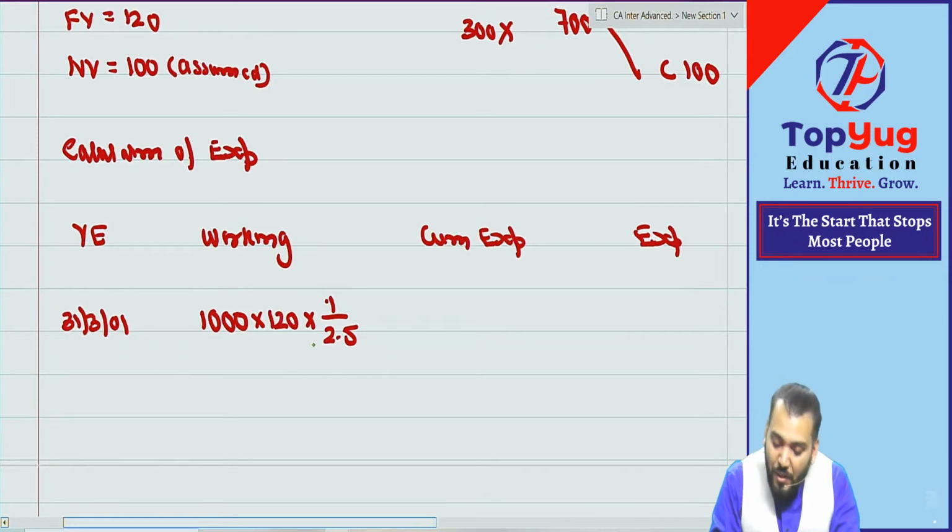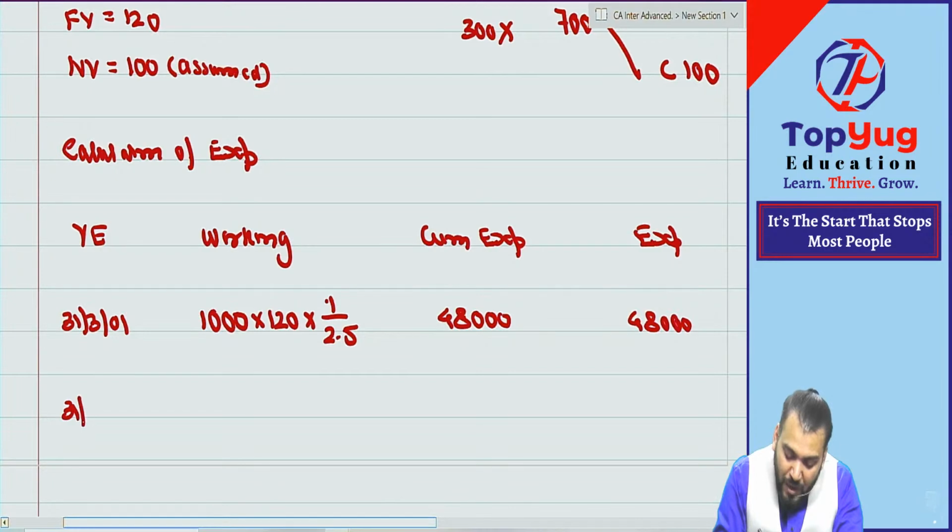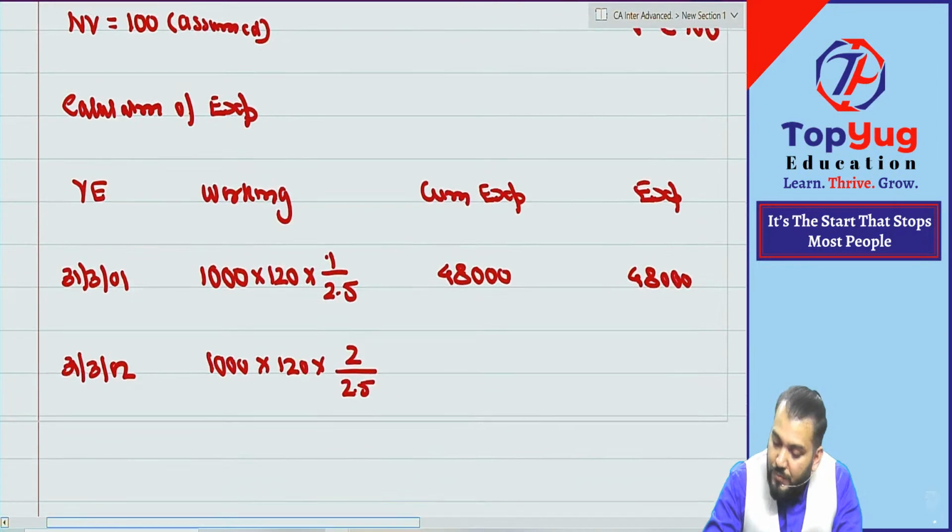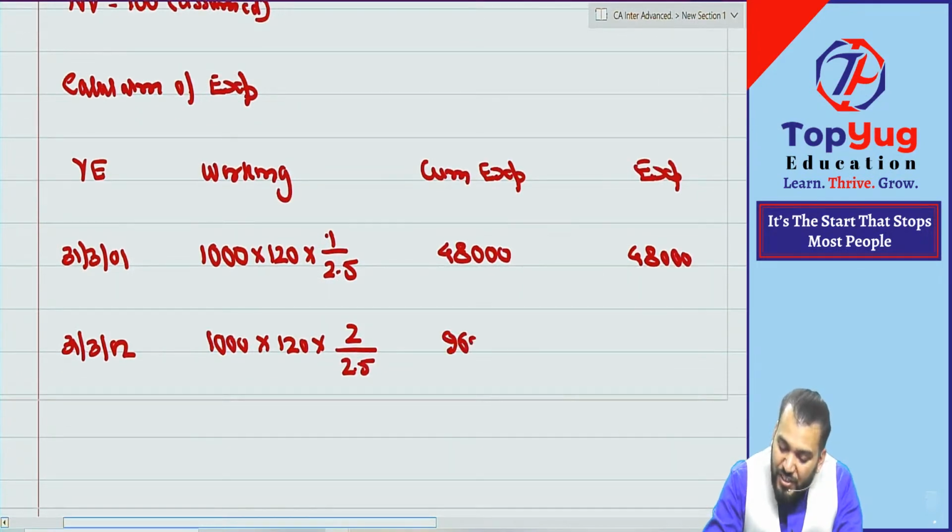Okay. So 1000 into this, how much? 48,000. Then 31st March 2002. 1000 into 120 into what? How much? 96,000.